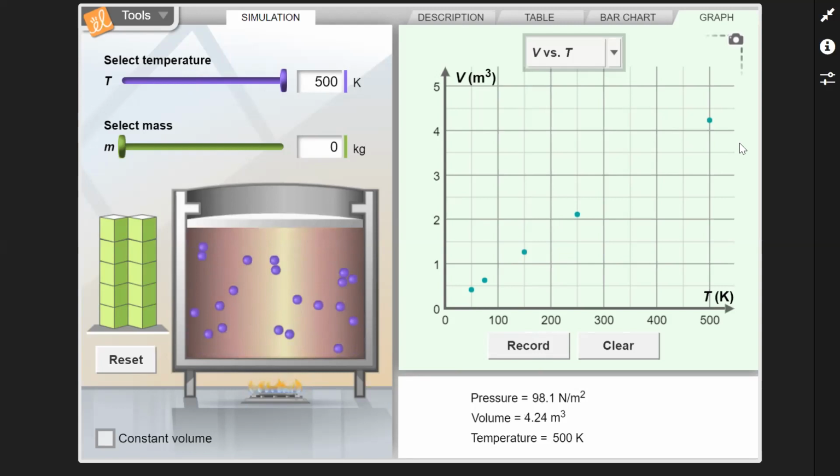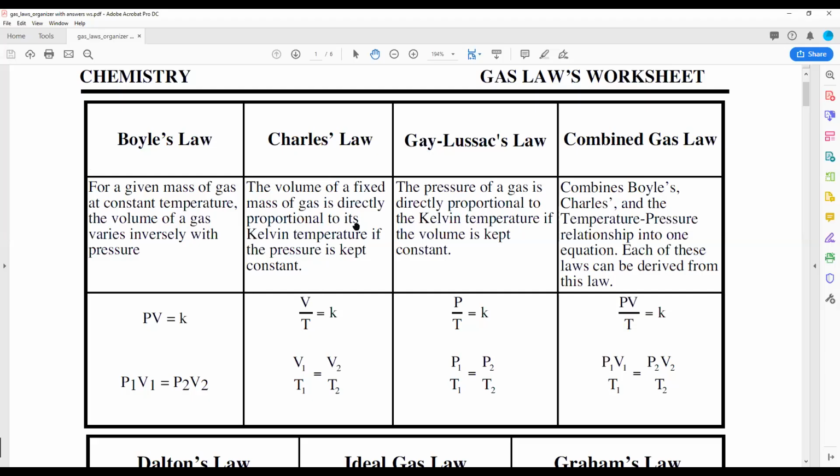So going back to our organizer, you should see the organizer again. Charles' law states that the volume of a fixed mass of a gas is directly proportional to its Kelvin temperature if the pressure is kept constant.